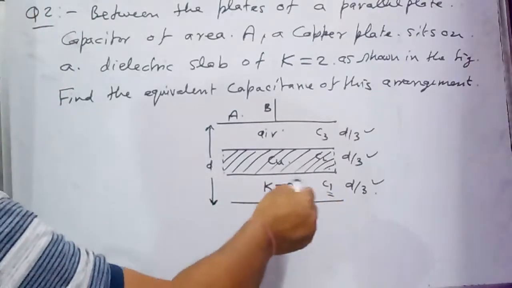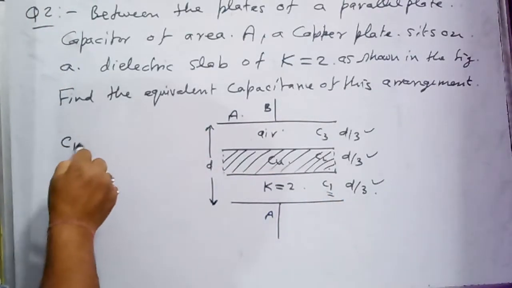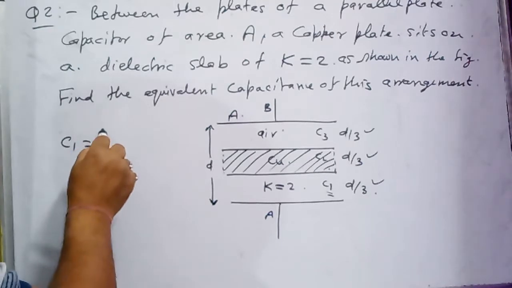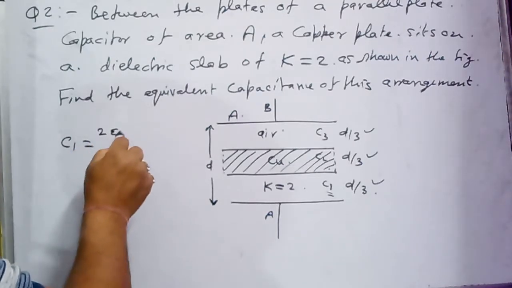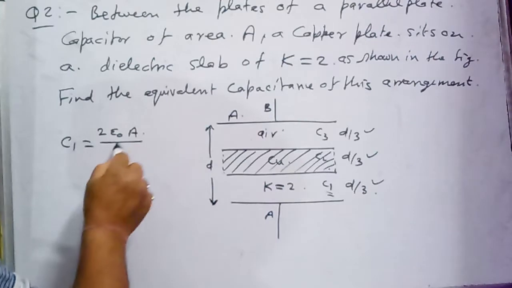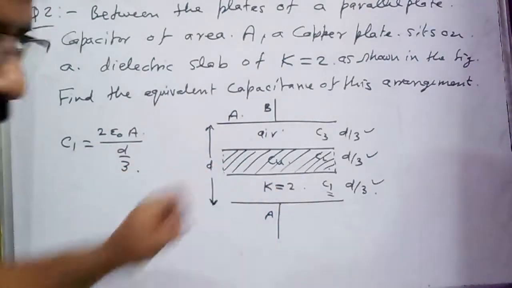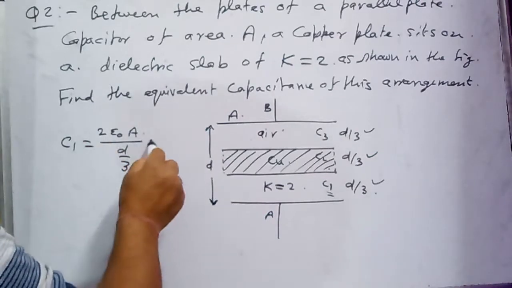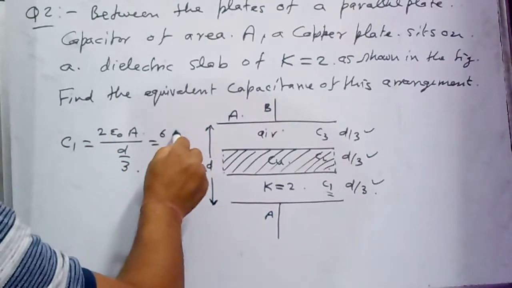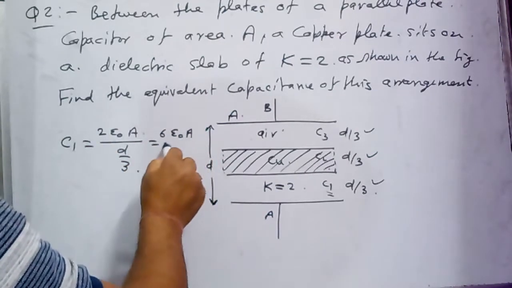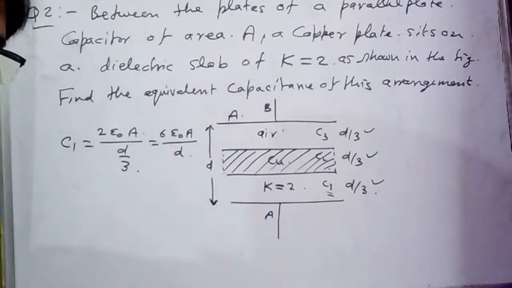What can be the capacitance of this capacitor? C1 is equal to 2 into epsilon naught A divided by D by 3. But 2 is the dielectric constant K. So C1 is going to be 6 epsilon naught A by D.